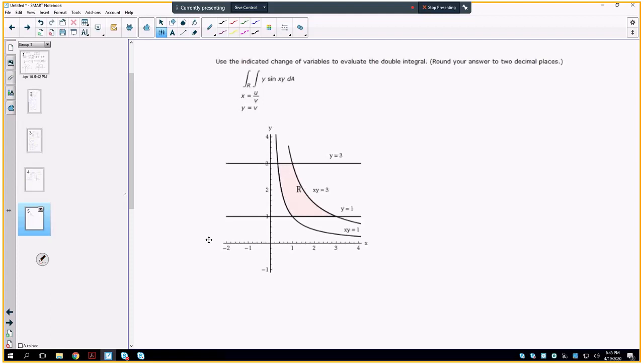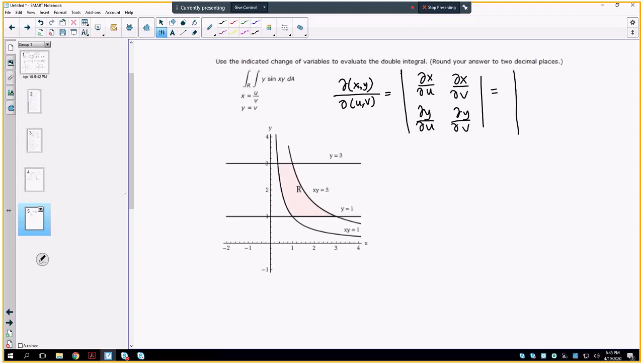So let's start with calculating the Jacobian. That was del of x and y over del of u and v is equal to, I need del x del u, del x del v, del y del u, del y del v, and we'll take the determinant of that. By my substitution, del x del u should be equal to 1 over v.